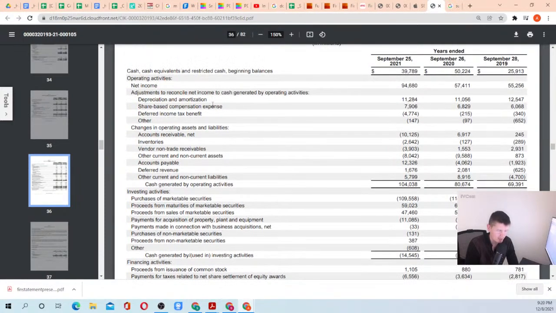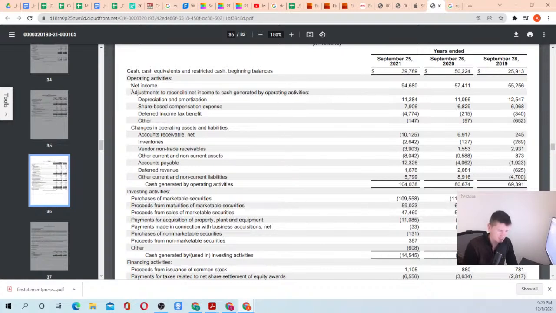And for operating activities, there are two ways to prepare that according to the US GAAP accounting standards. Most of the public companies use the indirect approach to operating cash flows.